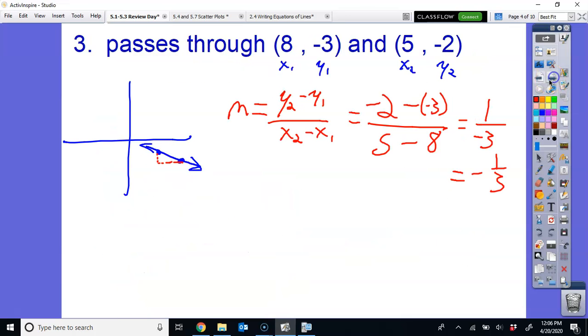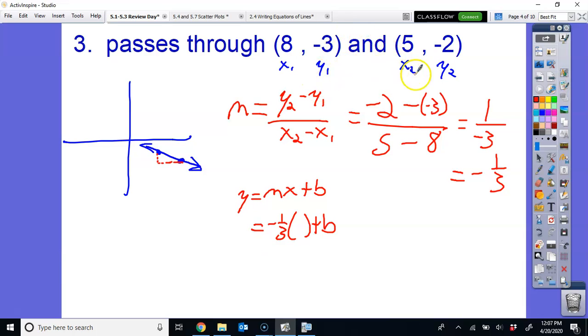If I have one of these points, I can choose whichever one I want, and I have the slope, now I can find the b. So I take my y equals mx plus b, and I plug in my m, we just found it, -1/3. And then I pick a point to plug in for x and y. Now it doesn't matter which point. You can pick either point that you would like.